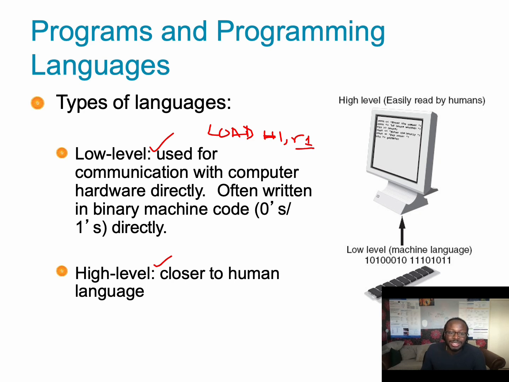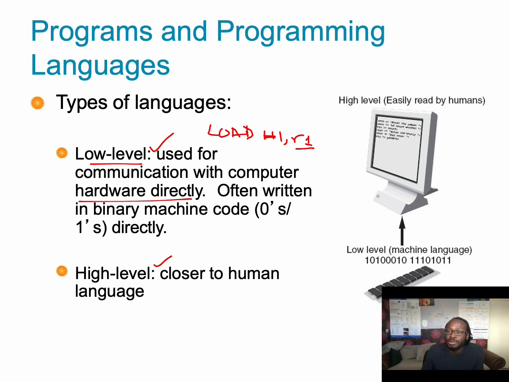So we have something that is close to maybe while loop, while or for, or x equals x plus 1, or run an infinite loop, and even now some are even closer to English than normal. So we have the low level, which is quite close to the machine or closer to the hardware itself, and then we have the high level programming language. Low level programming language is mostly used to communicate with the hardware directly.